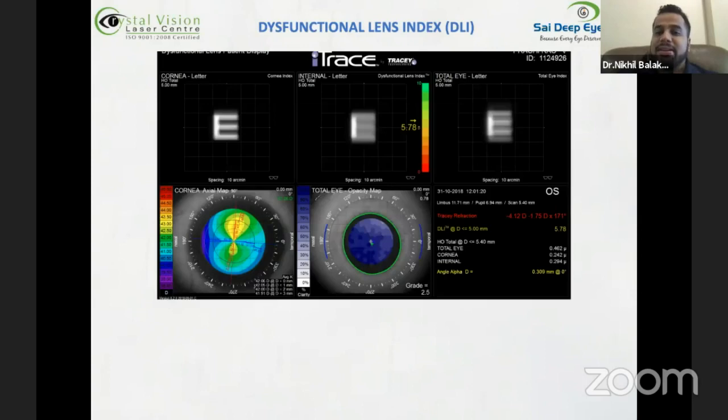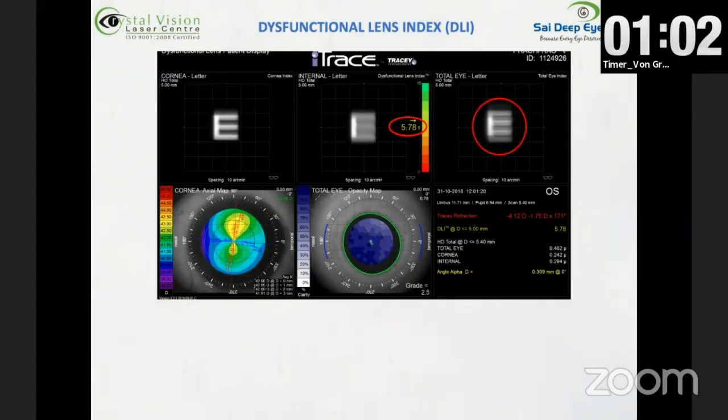It is a new parameter that judges that even though the patient is giving you 6/6 vision and there are no significant visible changes on the slit lamp, the patient here has a DLI of 5.78, which means that the patient has started showing early lenticular changes, and they can go ahead with cataract surgery in this case.